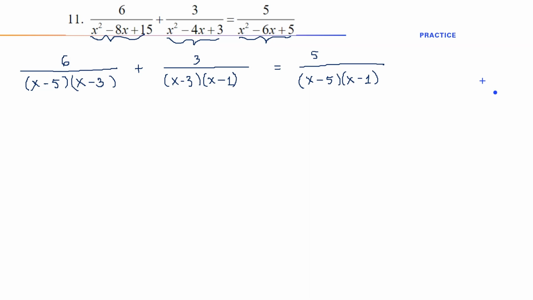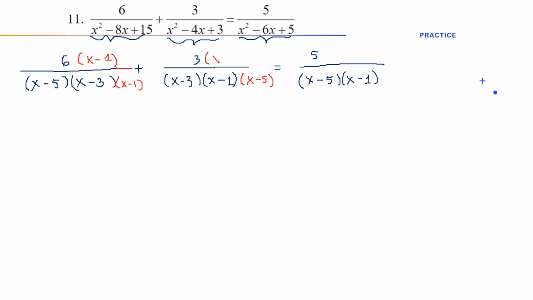Okay, now we can see this one. The least common denominator is, you see that for the first denominator, they lack x minus 1. So I will multiply x minus 1 for top and bottom. Alright, on the second one, we see that we have x minus 3, x minus 1. We lack x minus 5.